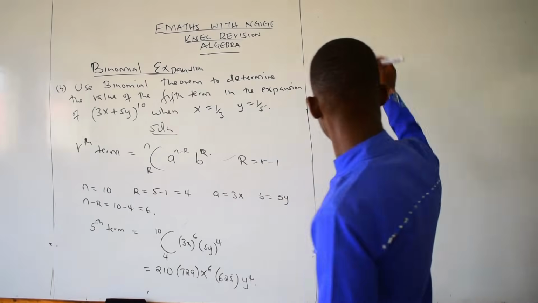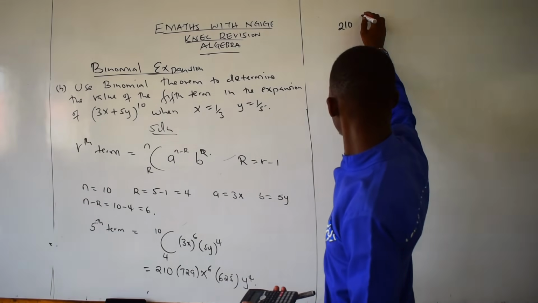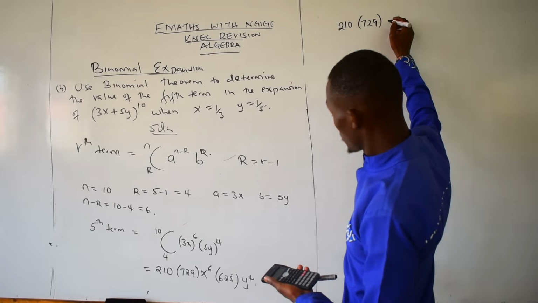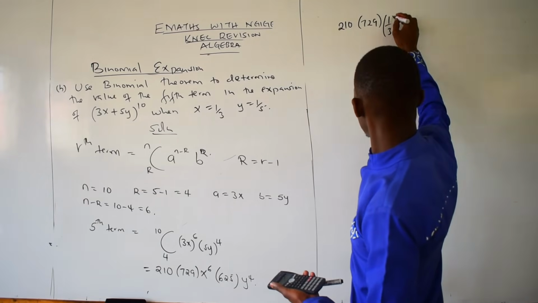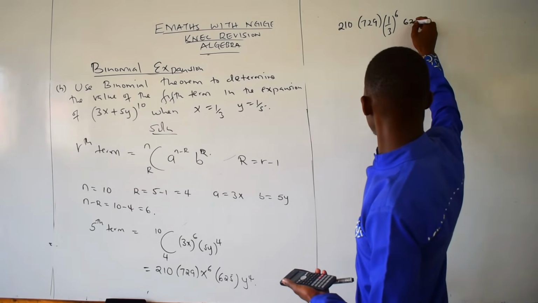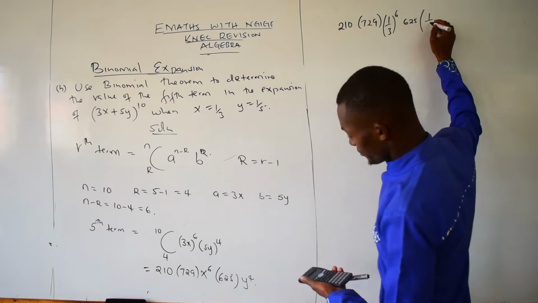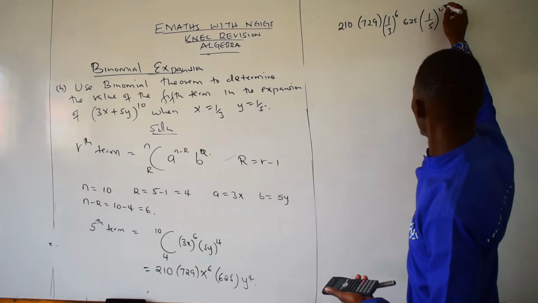So therefore we have 210, then we have 729, then x is 1 over 3, then raised to 6. Then we have 625, and y is 1 over 5, raised to power 4.